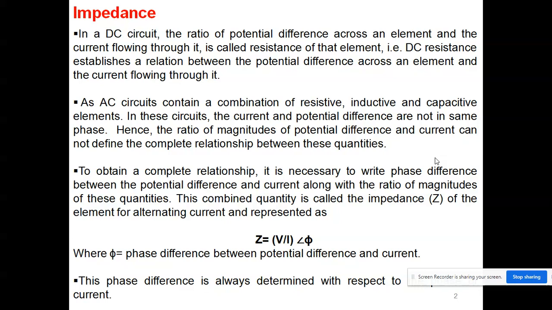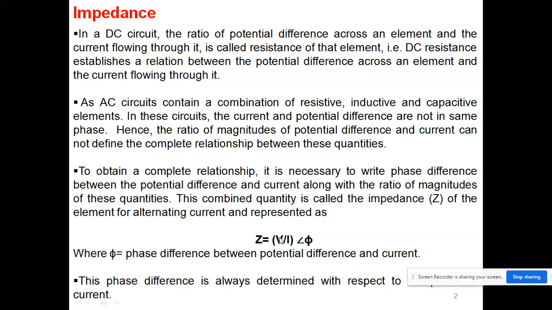So if I write the ratio of voltage upon current and then multiply it by a phase difference, this combined quantity is called the impedance of the element for alternating current. You can see here how we can represent this.